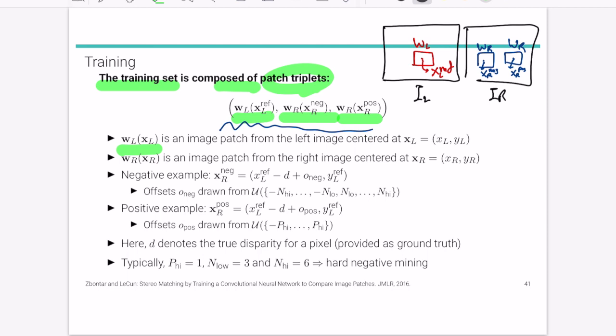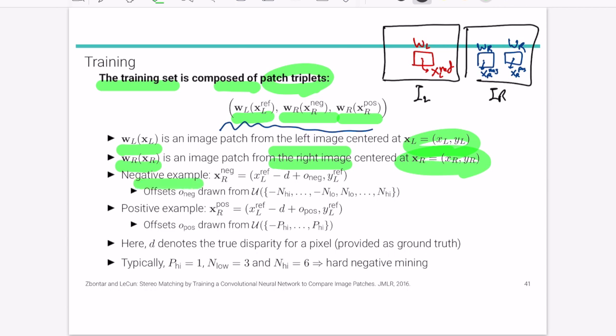So WL of XL is an image patch from the left image centered at XL, which consists of small xl and yl. WR of XR is an image patch from the right image centered at XR, equal to small xl times yr.